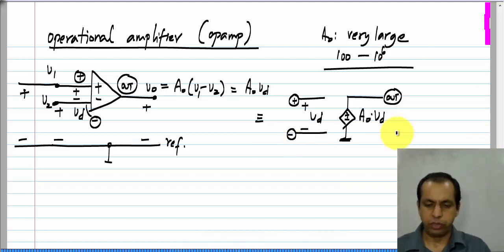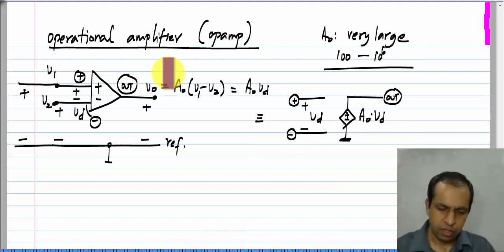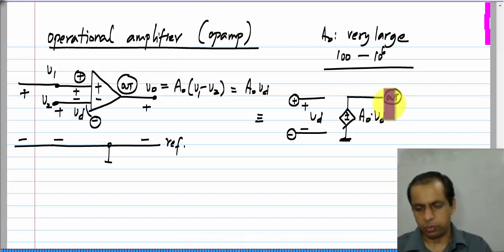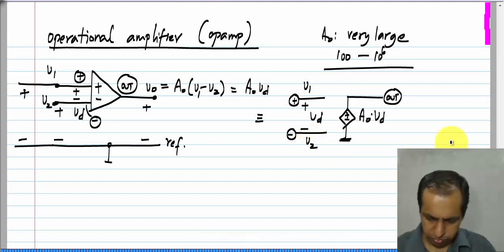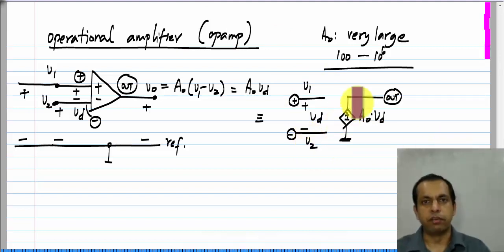So, what can we do with this? What does it mean? So, this is a voltage controlled voltage source. This means that this voltage is V1 with respect to ground, this is V2. So, what does it mean for us to have a voltage controlled voltage source with a very large gain?